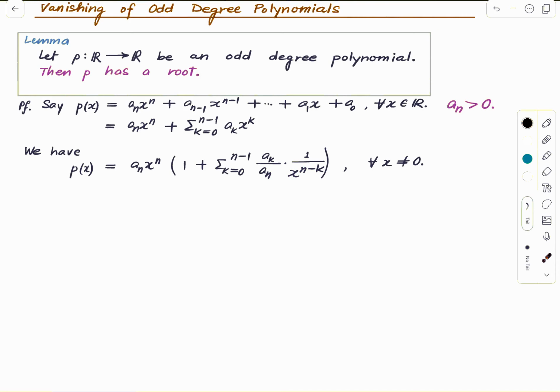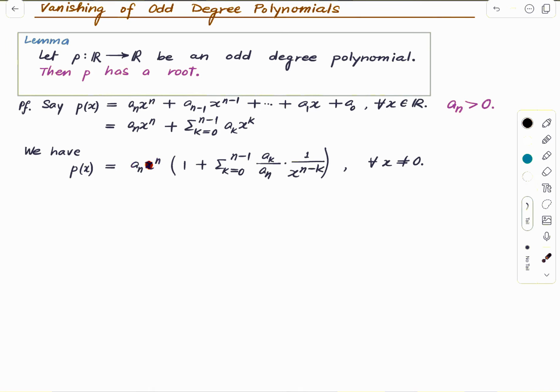Now the point is the following. If x is very large, this term doesn't really matter. It becomes very small. If x is big, this is very small, therefore this is very small. So the large scale behavior of the polynomial is controlled only by the leading term, is all that this proof is about. If you just look at the leading term and see what it does for x of large magnitude, if you feed large positive values, you get something positive, definitely.